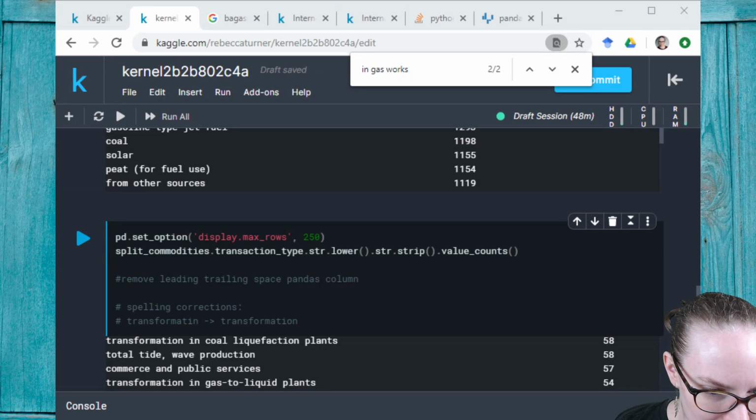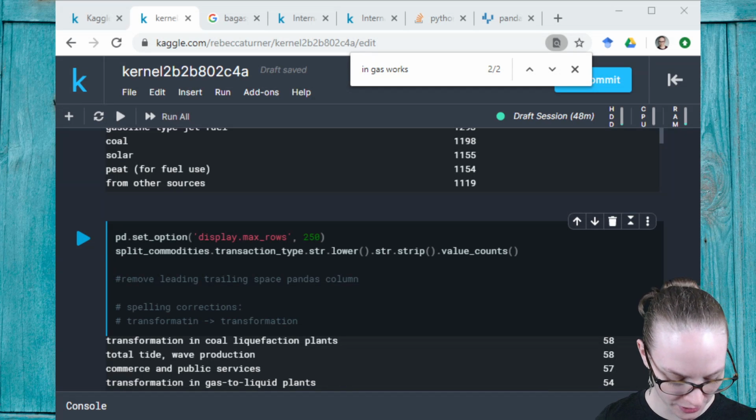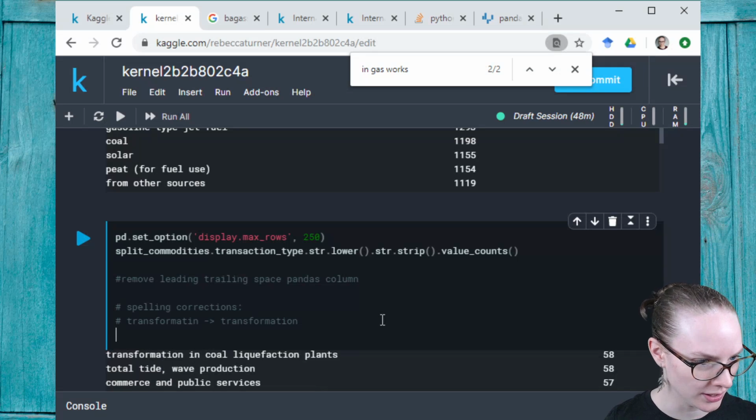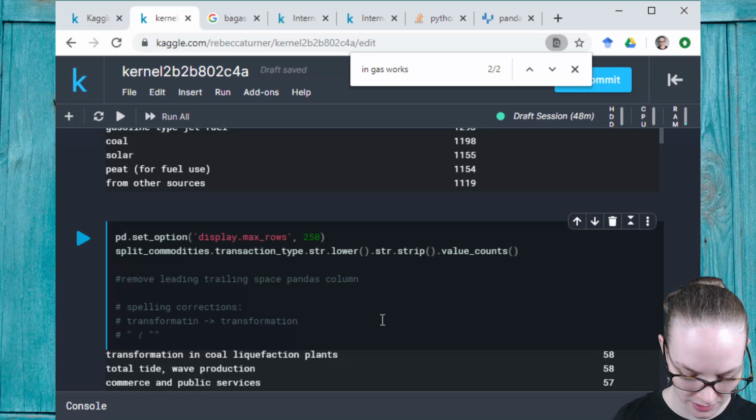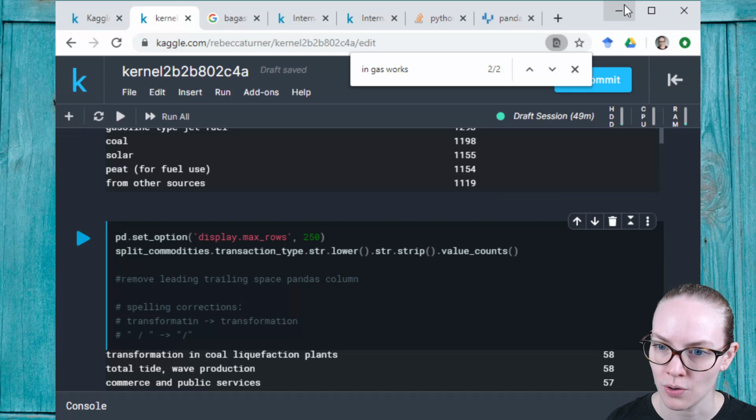Let's see. People are pointing out that there are spaces around punctuation. That's a good point. So we probably want to do this to this.